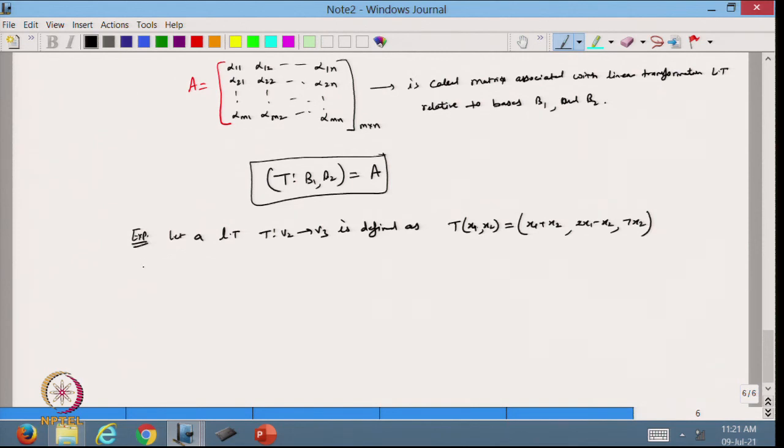Then find the associated matrix A. So, we need to find the matrix A, but we need to find it with respect to a basis. So, find the associated matrix A related to the standard basis.